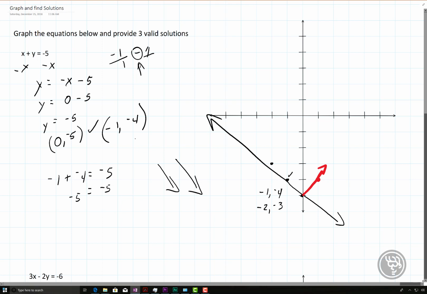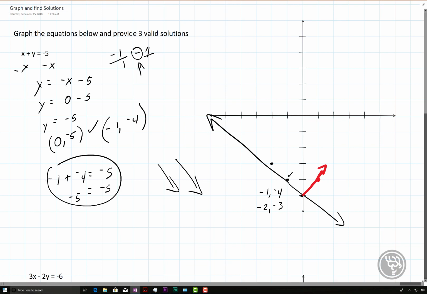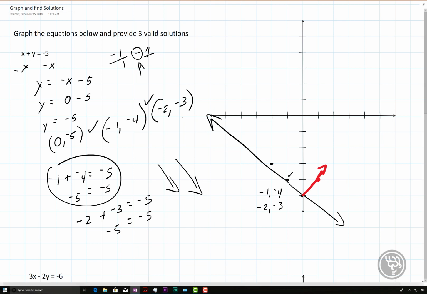If we go back now and try the other one, we can say, well, what about -2 plus -3? Are those equal to -5? They sure are. So that means those two points are also valid. So your third point would be -2 and -3. So those are your points for your three solutions for that line.